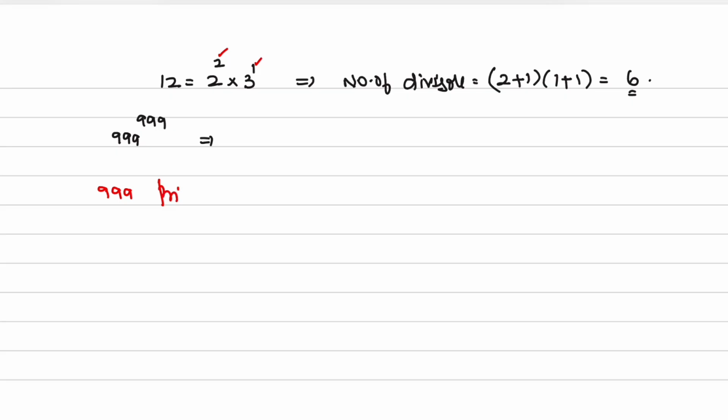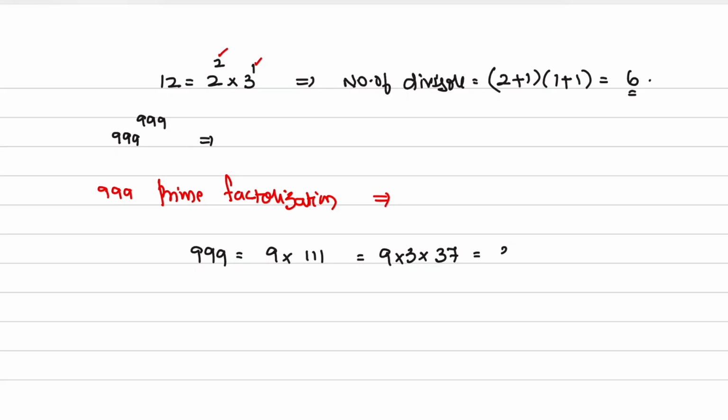Let us first do prime factorization. 999 is equal to 9 into 111, that is equal to 9 into 3 into 37. 3 into 37 is 111.